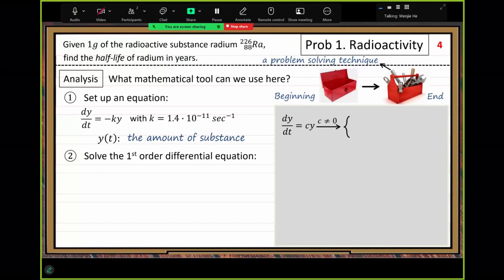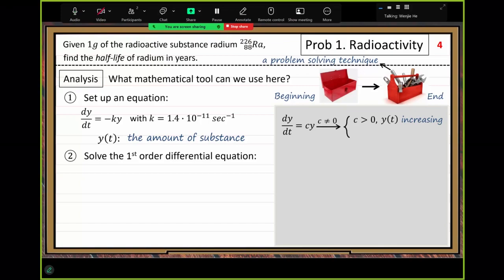All right. Then, if c is greater than 0, it's a positive number. What's the meaning? The derivative equals a positive constant multiplied by the original function, a positive function. Because this y of t is the amount of substance, and the amount of substance is a positive number, right?